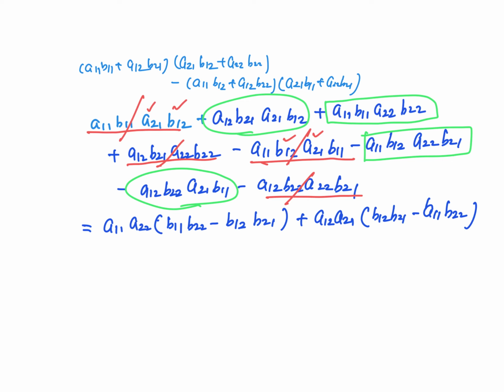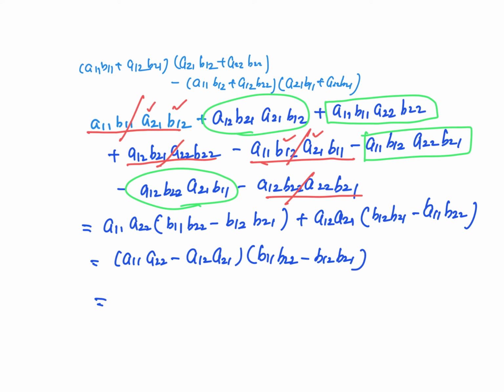So it turns out that A11, A22 minus A12, A21 times B11, B22 minus B12, B21, right?